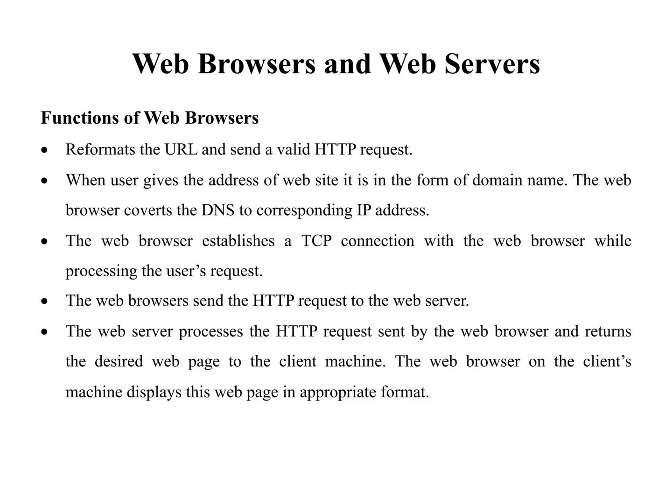The web server processes the request and returns the web page to the client machine. Then the client machine displays the web page in the appropriate format. This is the function of web browsers.